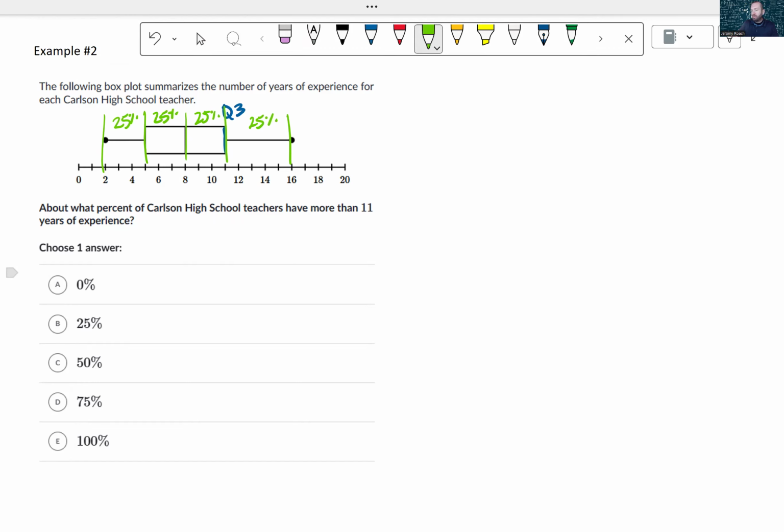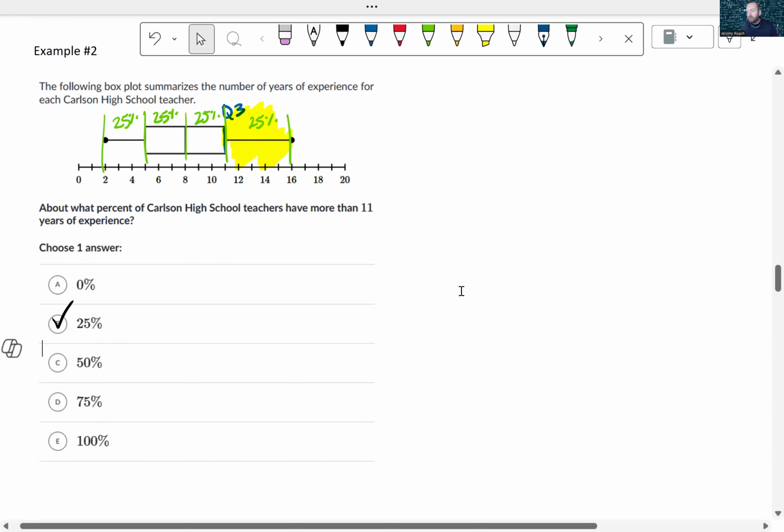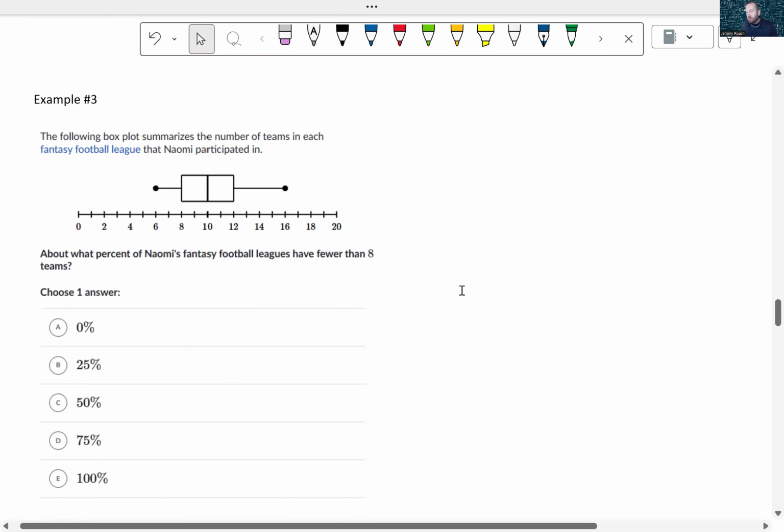Well, 25% have more than 11 years. We can also think of it as 75% have less than 11 years of experience. Either way is fine there, but that's how the question's phrased, which teachers have more than 11 years of experience.